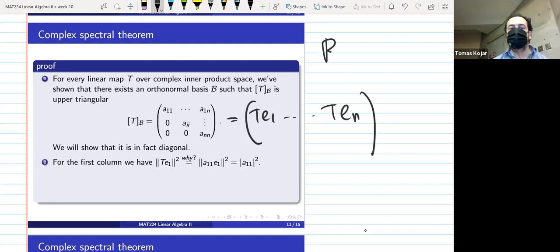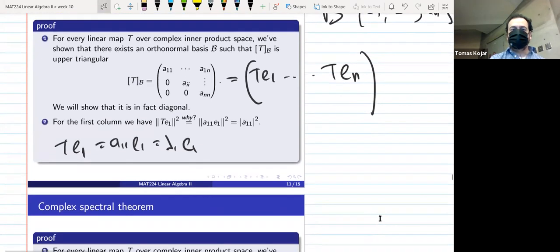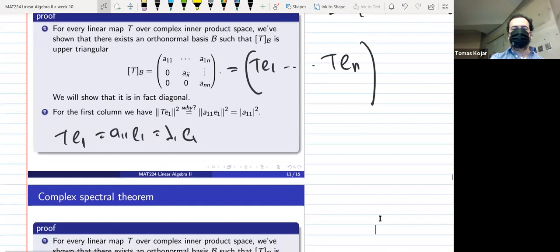And B is E1 to EN. And if you look at this, you see that TE1 is just A11, or if you like, lambda 1 E1. So once you take their norms, they're the same number, so there's no new information here.